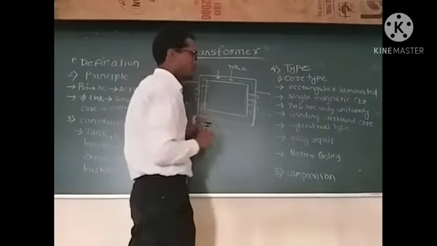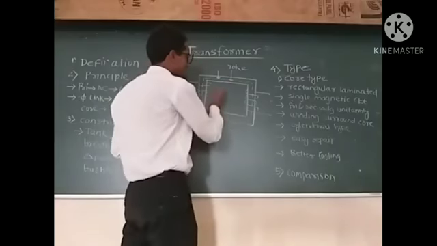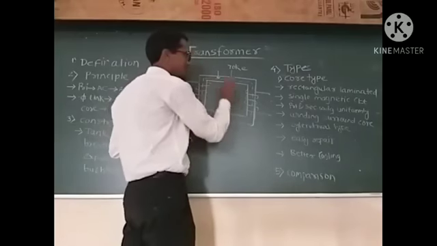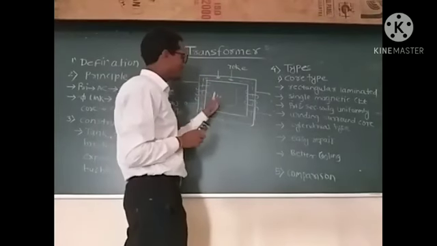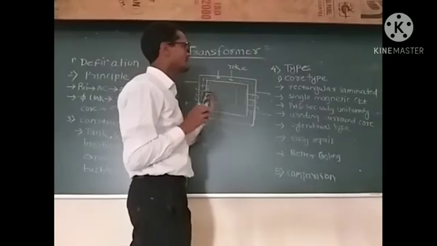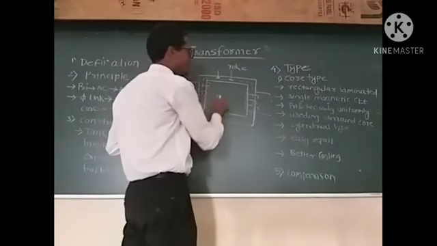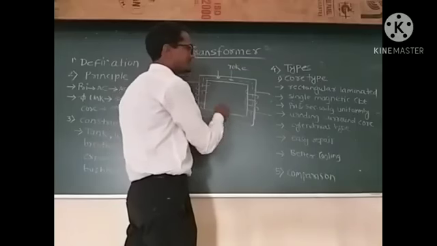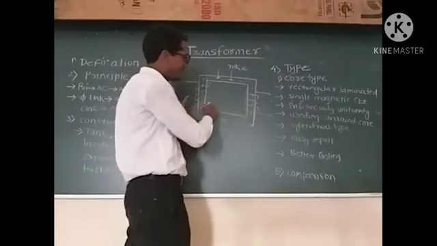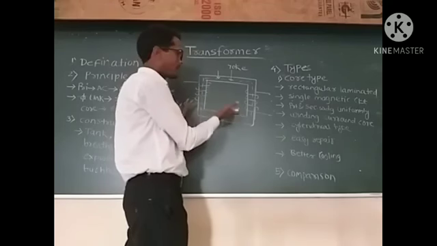Only one window is present and only one magnetic circuit is present. Both the windings surround the core, outside the core.